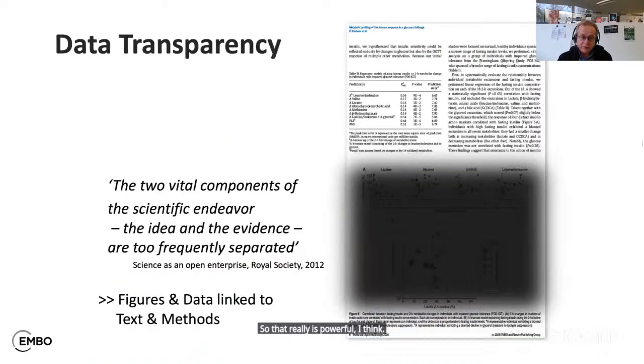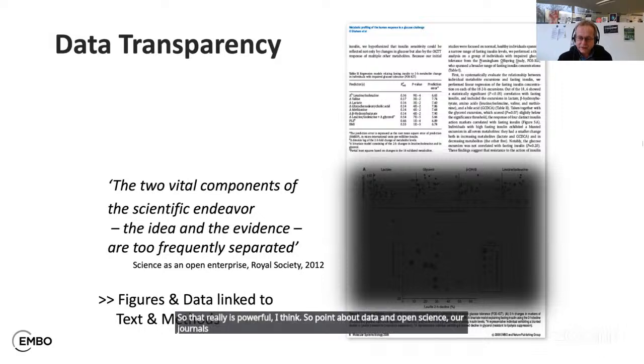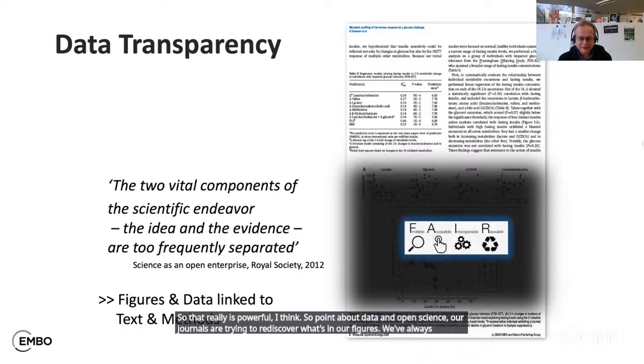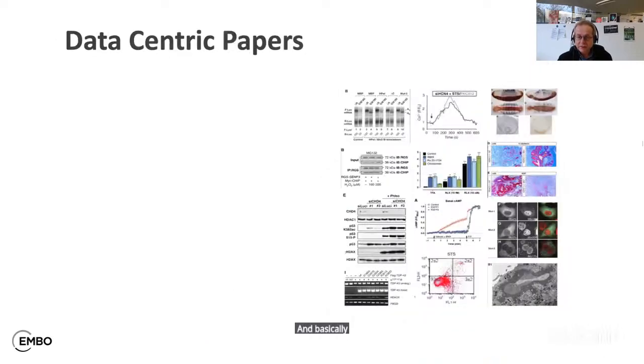So, a point about data and open science: our journals are trying to rediscover what's in our figures. We've always focused on the text, and it's really important that we make the data behind the figures not only FAIR, that means findable, accessible, interoperable, and reusable, but also fit for purpose, really.